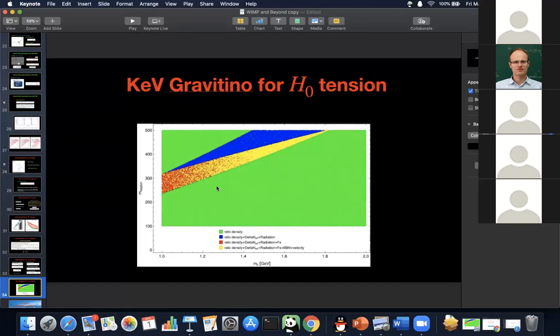It is a very preliminary result. We can see that the yellow part is allowed by all the constraints, and because the thermal part relic density depends on the slepton mass, it gives a bound on the slepton mass.